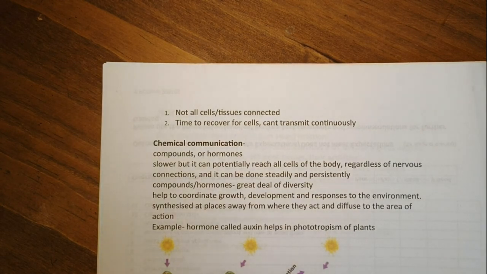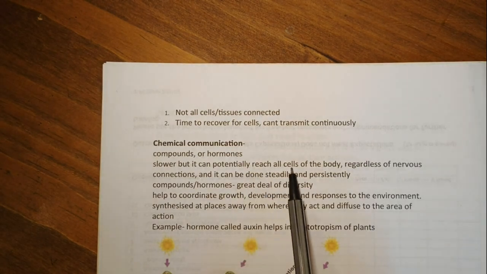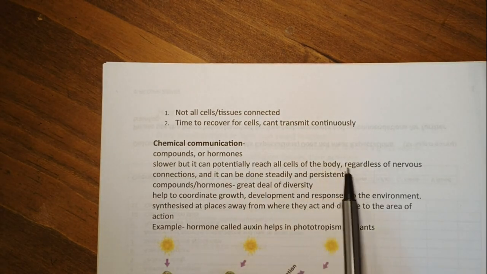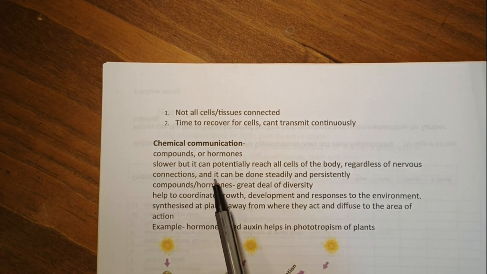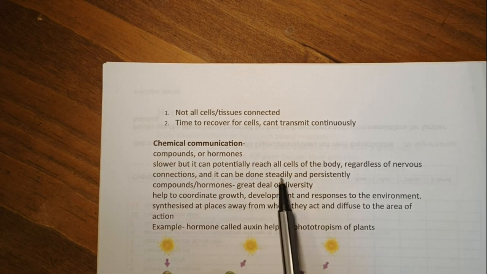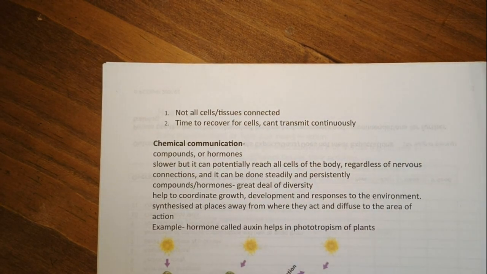This is a slower communication, but it can potentially reach all the cells of the body regardless of nervous connections, and it can be done steadily and persistently. So where nerve cells cannot reach, your hormones can be circulated via the circulation as well as through diffusion.